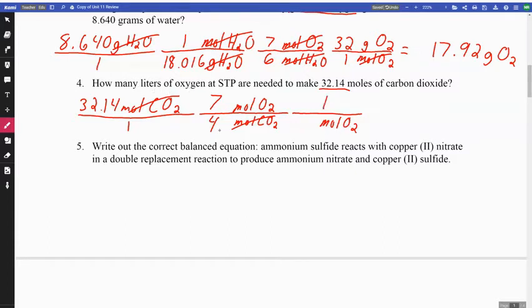So we put liters of O2 on top. Moles on bottom, not moles on top, means 1 in front of moles. The number that goes in front of liters is always going to be 22.4. Moles of O2 cancel out. We're left with liters of O2. That is where we want to be. So now we can do our math.